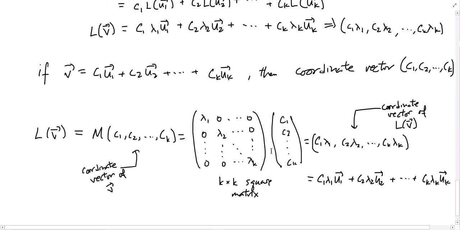Of course, that means you have to identify the coordinate vector first. That requires a little bit of work, but it's by no means difficult. Once you form the coordinate vector of your input, you can multiply all the coordinates by the corresponding eigenvalue, symbolized by this diagonal matrix, to form the output coordinate vector. Then you can use that with the basis to form your answer.